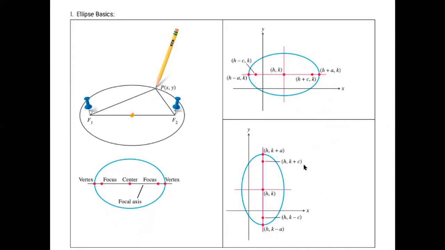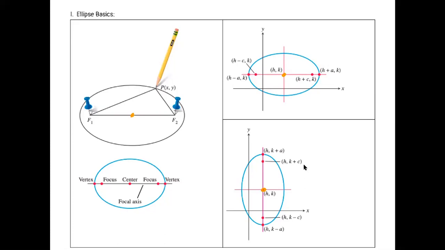So it's the point that if we graph it, we can graph everything else from that center. If you look at the pictures to the right, here's this center, we call it h comma k, and here's this center, we also call that h comma k, right?